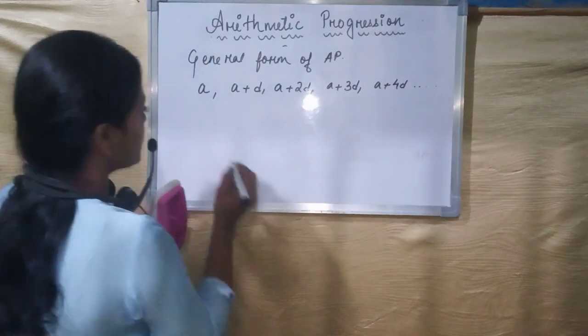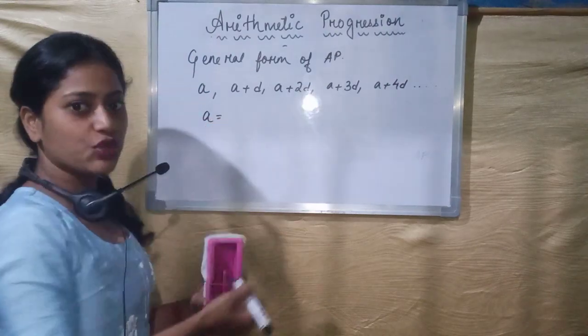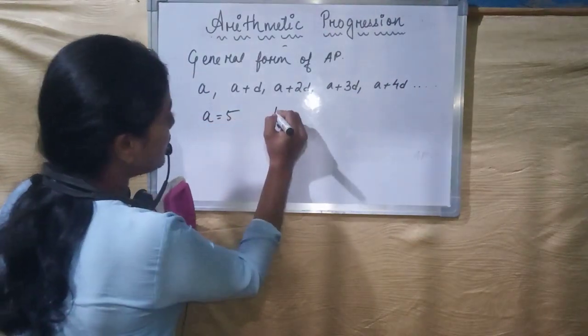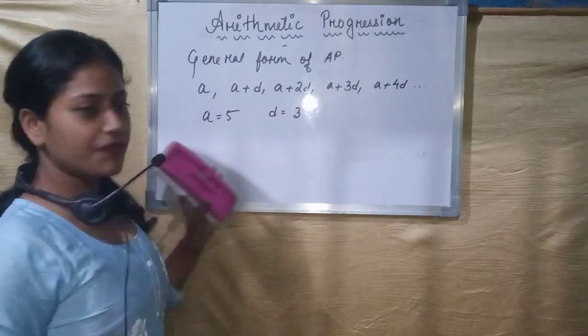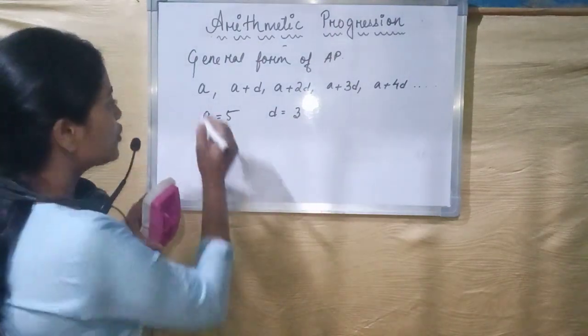Suppose the first term A is 5 and the difference between the numbers is 3. So we can find out the AP. First term is 5.